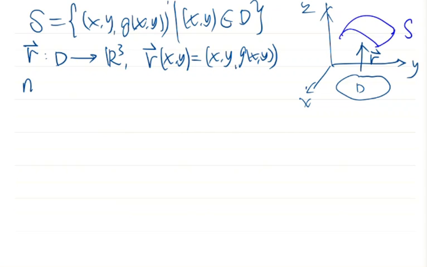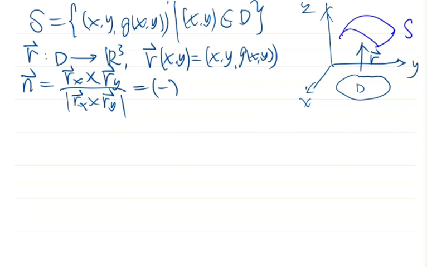Then this vector, R_x cross R_y normalized, is (minus partial derivative of g with respect to x, minus partial derivative of g with respect to y, 1). This we have computed previously.